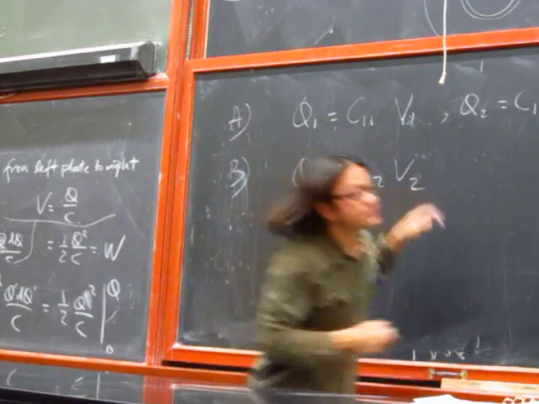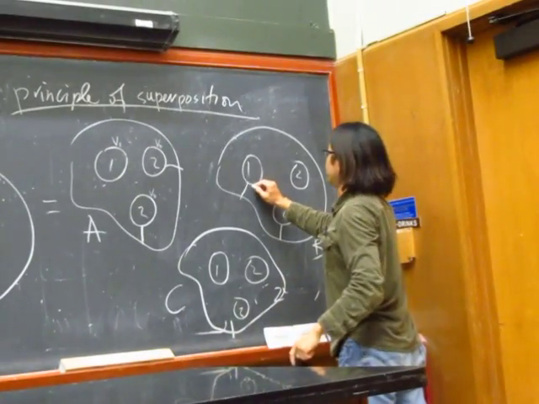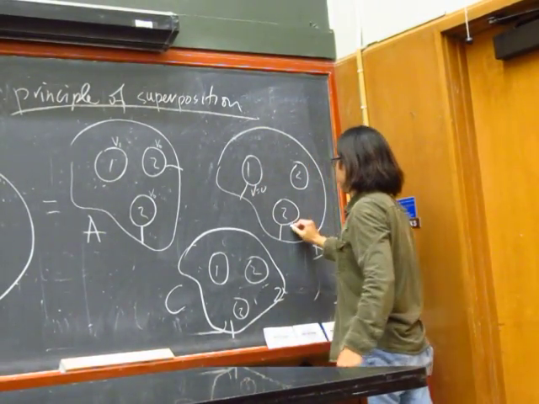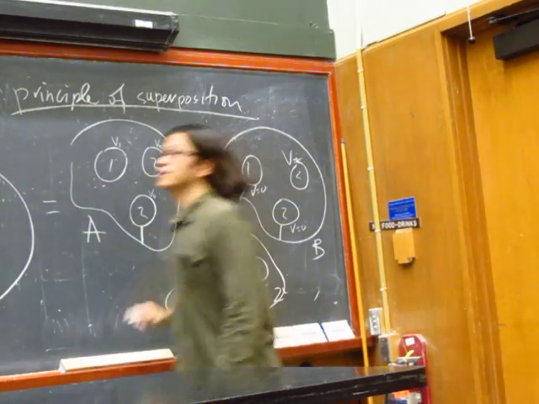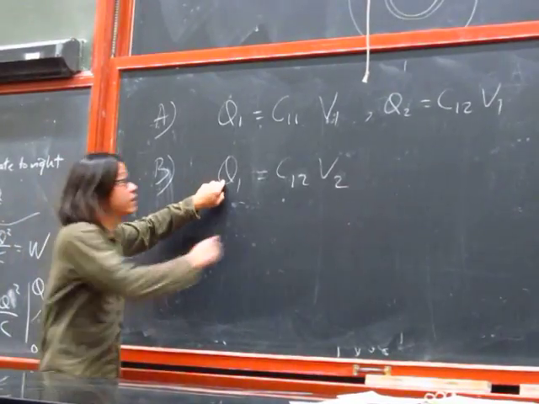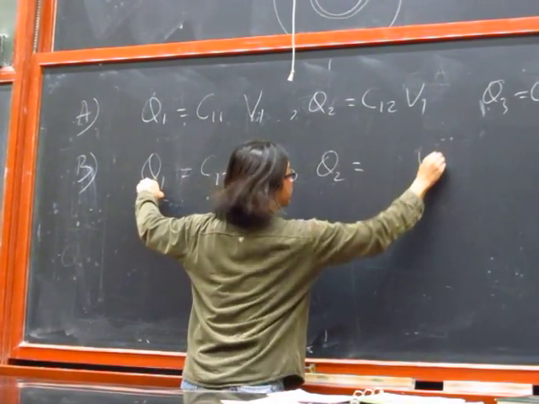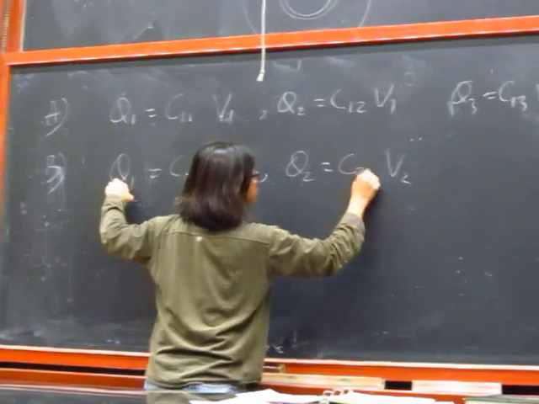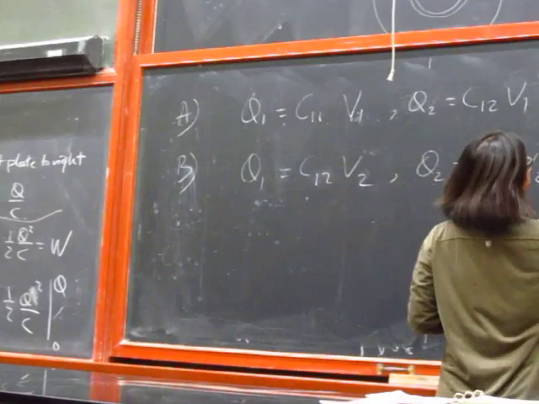In this case, V1 and V3 are equal to 0, and I only have V2 here. So because of V2, conductor 1 will have charge Q1, a different kind of Q1. Conductor 2 will have charge Q2 proportional to V2, and again Q3 is C32 V2.